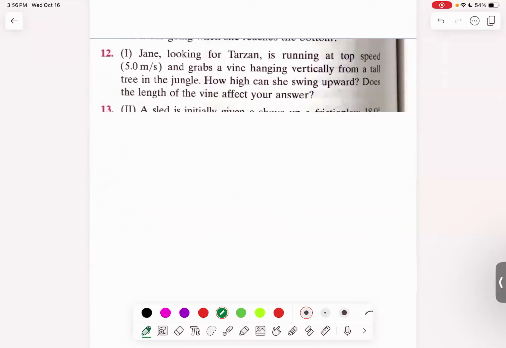So here's our picture of Jane. She's going to grab this vine here. Remember, she's running at some initial speed of 5 meters per second.